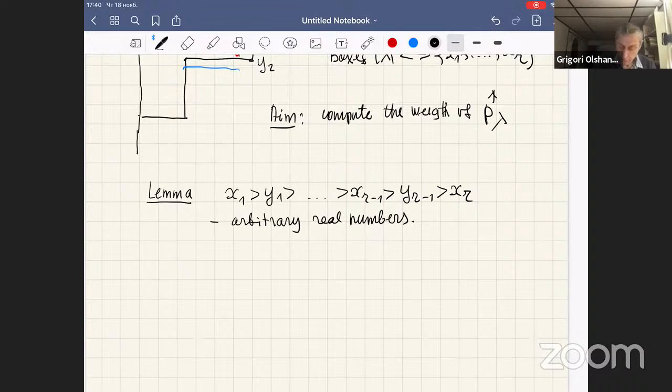And take the product. And u is some formal parameter, a complex variable. So we take this rational function in variable u.